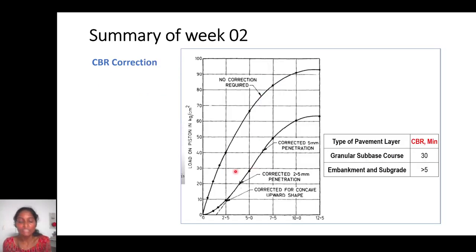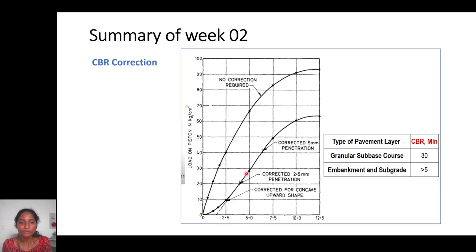Still, after giving the seating load and applying the load at a particular per minute rate, sometimes it can happen that the initial concave portion shows there was a rapid application of load compared to the one which you are supposed to give. So whenever you have this concave portion, it shows that the load application at the starting times was very rapid.